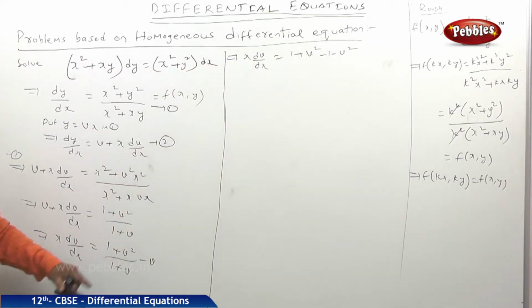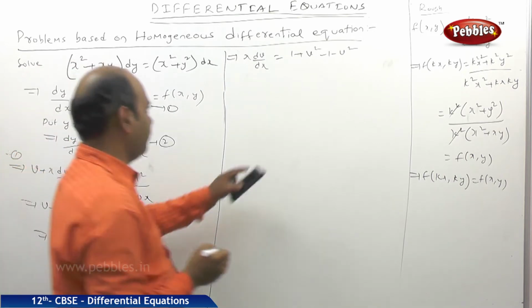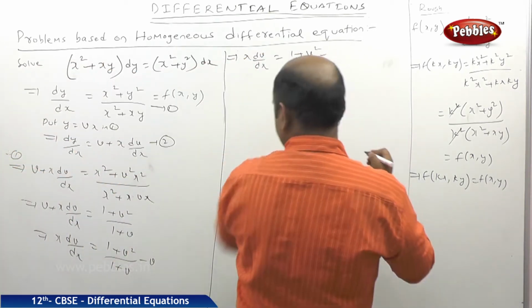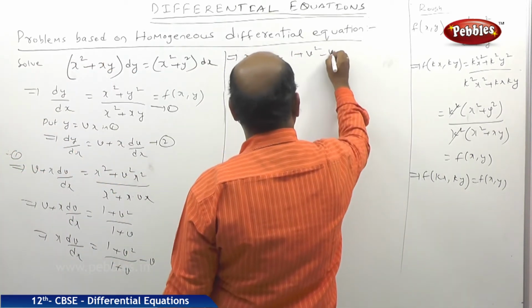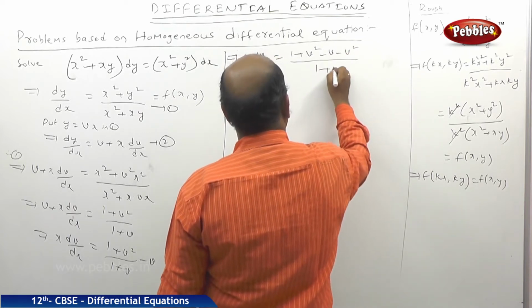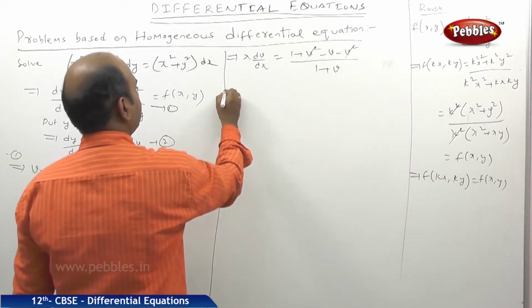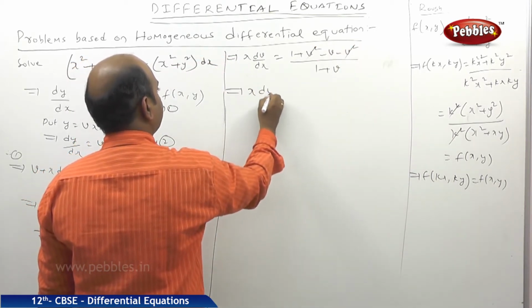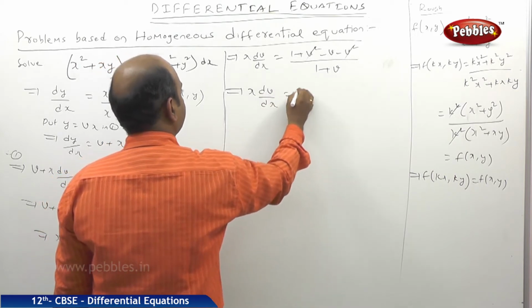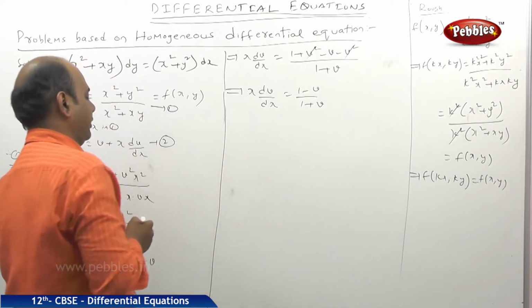If you observe carefully, 1 plus v square minus v, sorry, this will be minus v, because minus v into 1 minus v square divided by 1 plus v. So I think v square will be getting cancelled. So finally there remains x into dv by dx is equal to 1 minus v by 1 plus v.